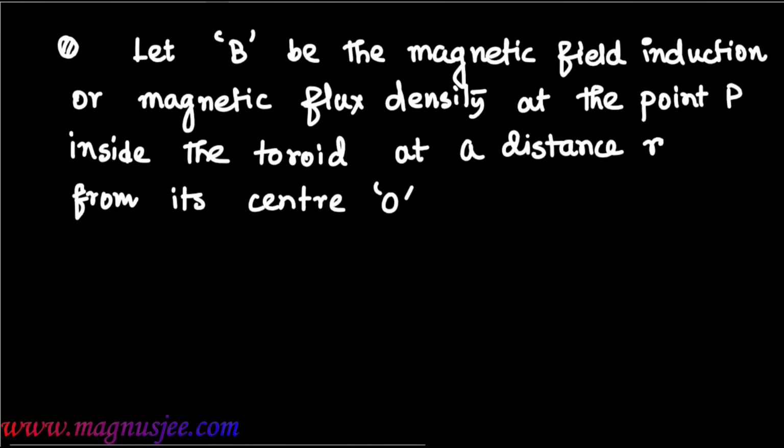This is the diagram, and B is the magnetic field induction or magnetic flux density at the point P inside the toroid at a distance r from its center O.